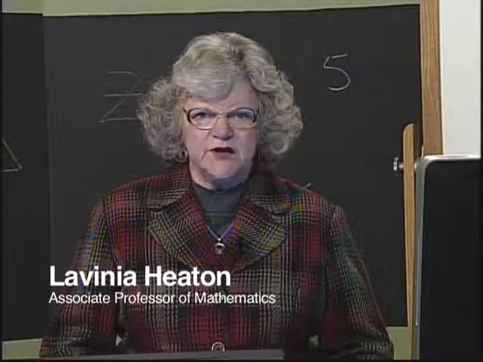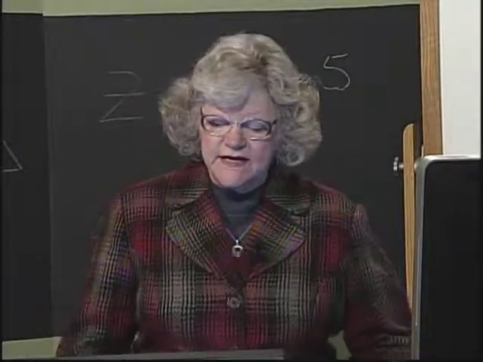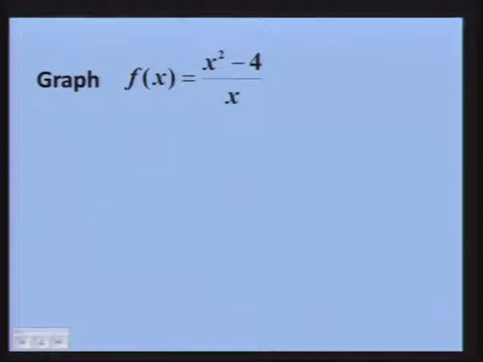So the next function we're going to look at is f of x equals x squared minus 4 divided by x. And remember, we start with domain. So D for domain. We notice that x cannot equal 0. Next, we check to see if we can reduce.